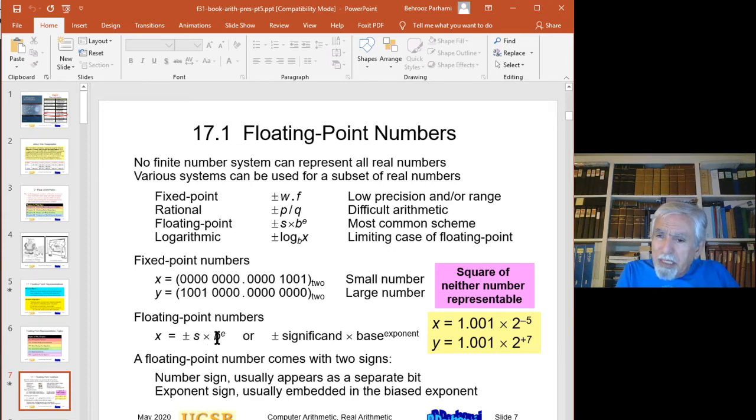An exponent base B and an exponent E. So the 4 components are sign, significand, base, and exponent. The base is often implied and is not explicitly shown. So there are really 3 components that are shown: sign, significand, and exponent. And the number represents plus or minus, is the sign.